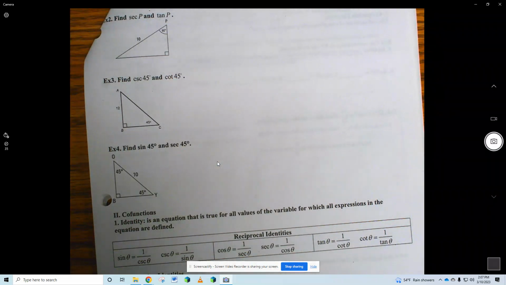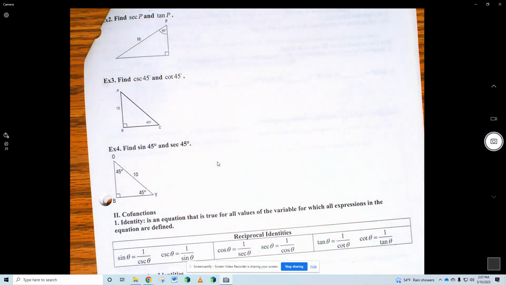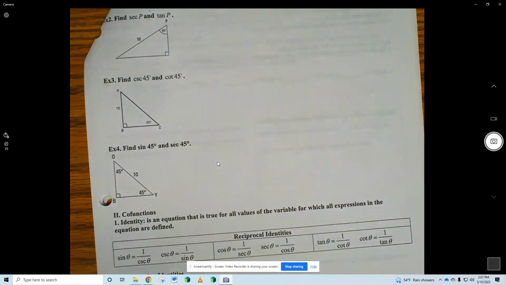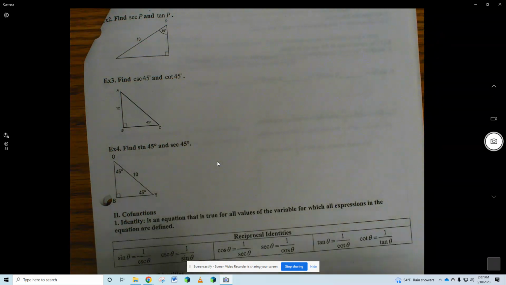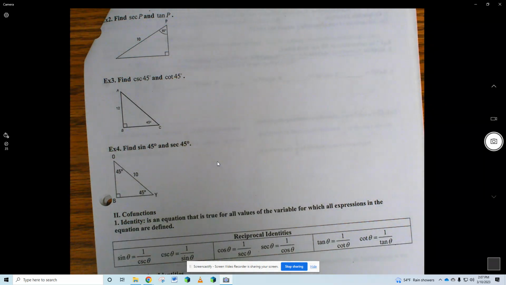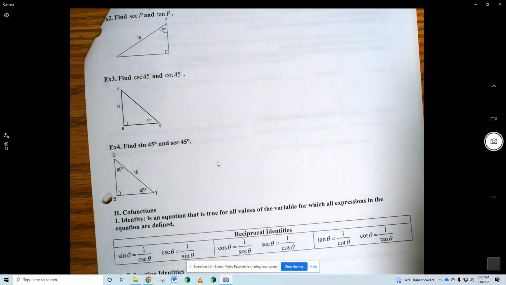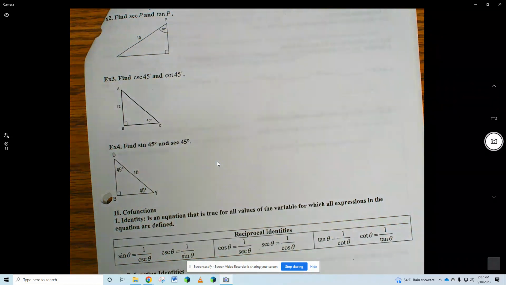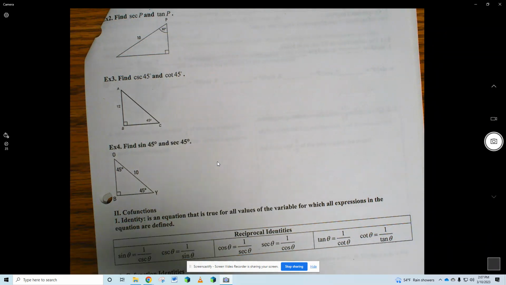Ready? Turn the page. All right. First off, I've got some 30, 60, 90. So here we go. I've got angle P, which I know is 60 degrees.